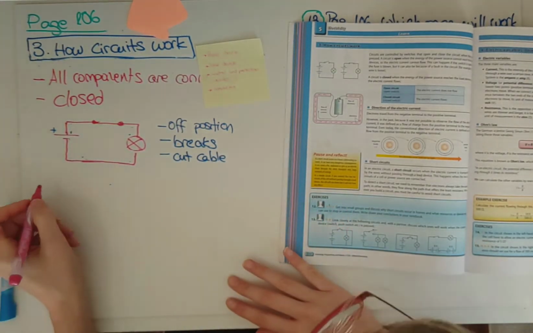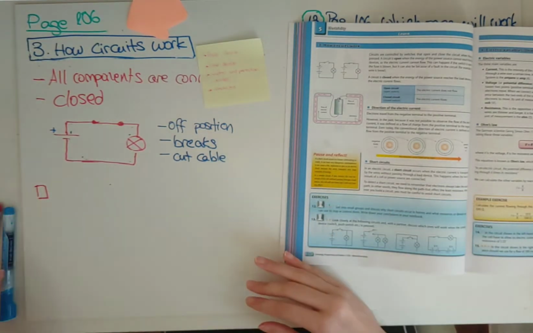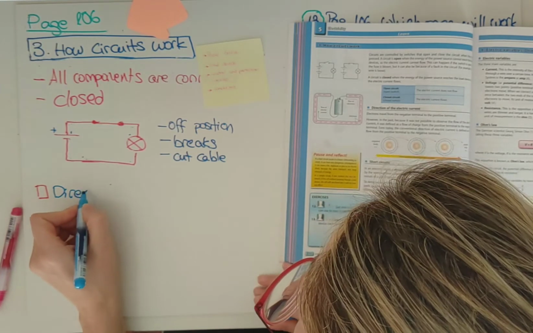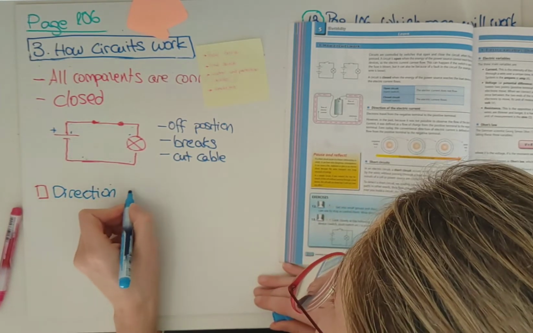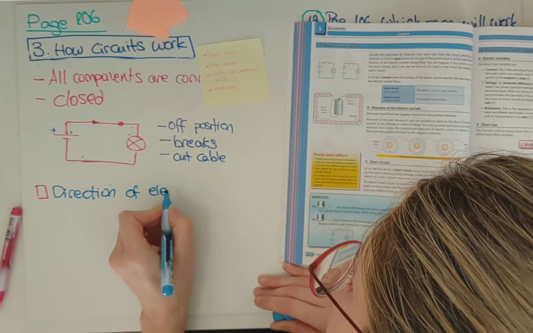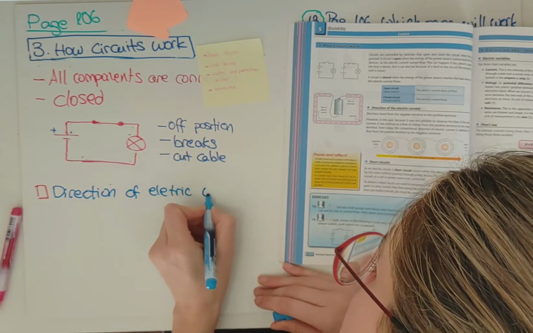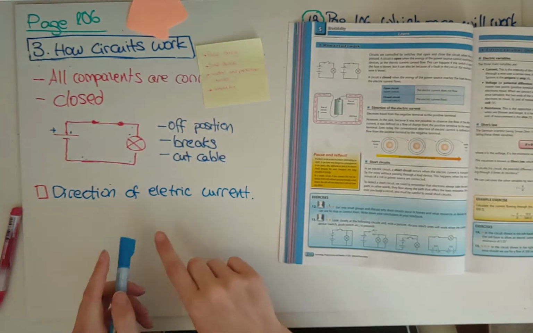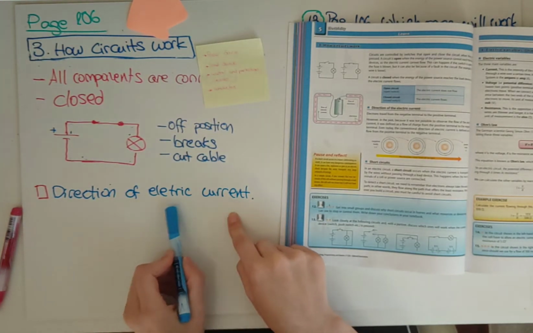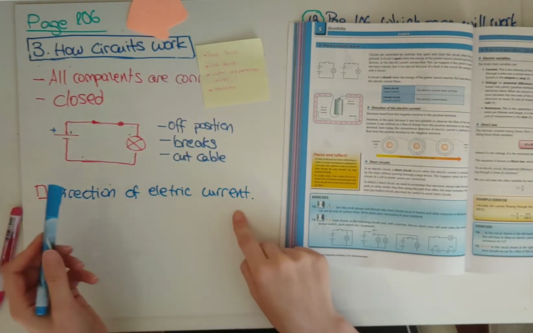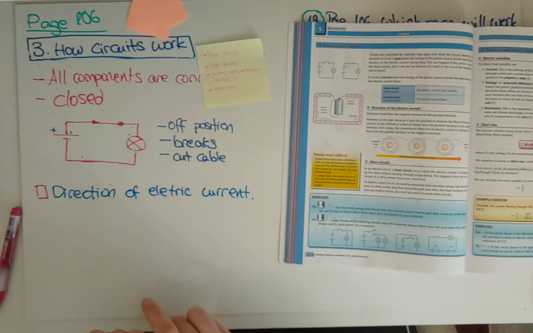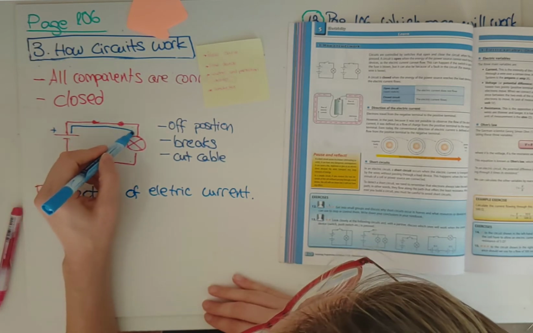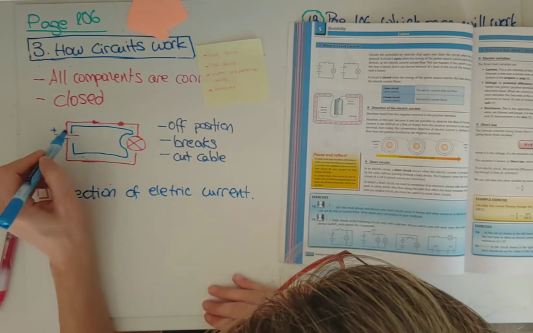Now, direction of electric current. I want to remind you of the definition of electric current. The electric current is the flow of electrons from the positive to the negative pole of the battery, okay?